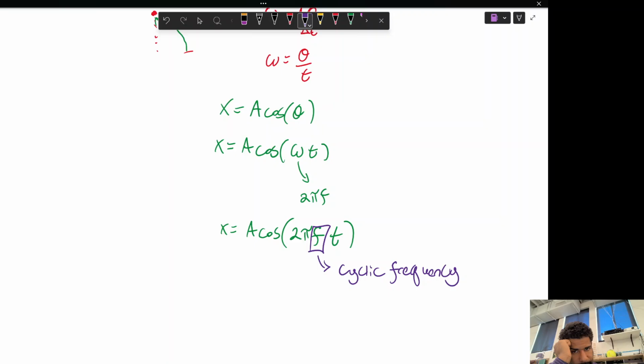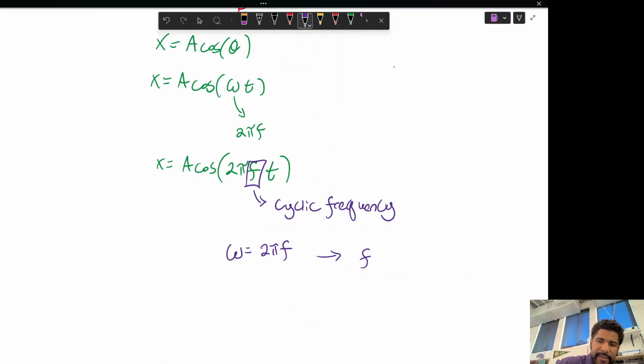And the reason why we know that is because omega is equal to 2 pi f. And what's also interesting is that means the angular frequency, f. F reminds me of T, because f is equal to 1 over T.